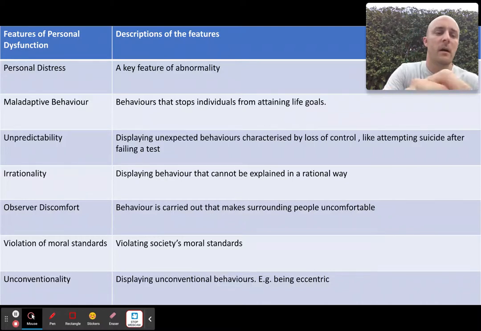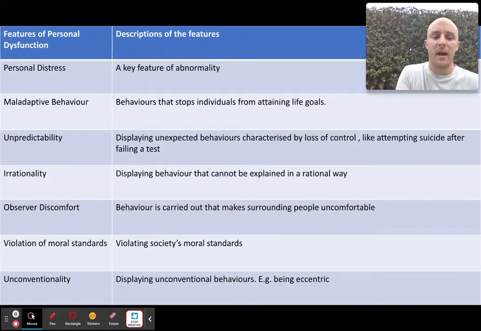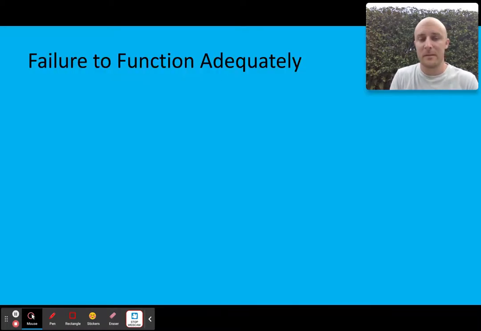Another one I want you to be able to talk about here is irrationality. The unwell person, or the abnormal person, does things that are unexplainable in a rational way, things that don't make sense. So they have delusions, for example.